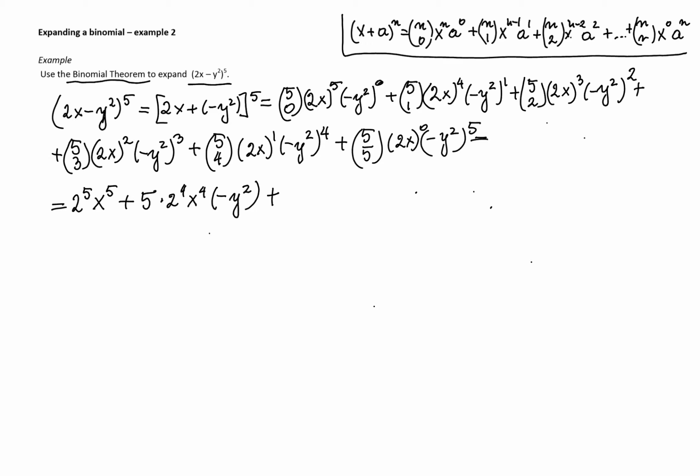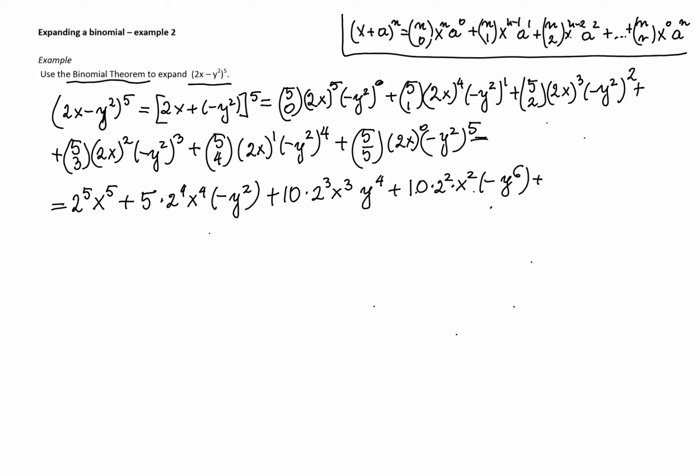Plus 5 choose 2 is 10, so we'll have 10, then we'll have 2 to the third, x to the third, and when we raise negative y squared to the second power, we'll have just y to the fourth. And then we'll have 5 choose 3, that is also 10. 2x squared will be 2 squared times x squared, and then negative y squared cubed is going to give me negative y to the 6th power.